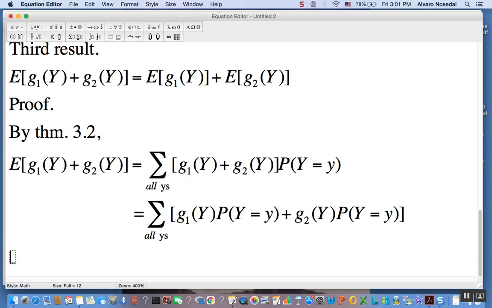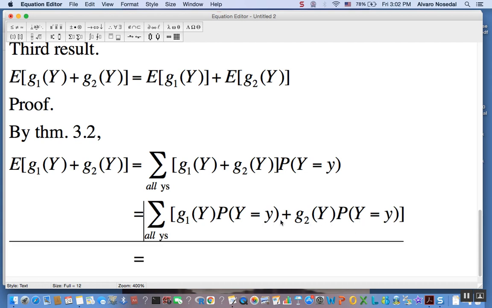Yeah? Okay. But this is the same as doing this in two parts. You first do the sum for these plus the sum of these products.